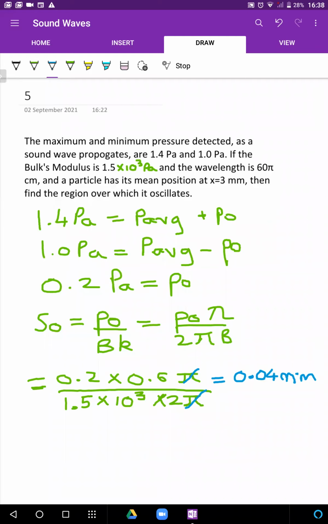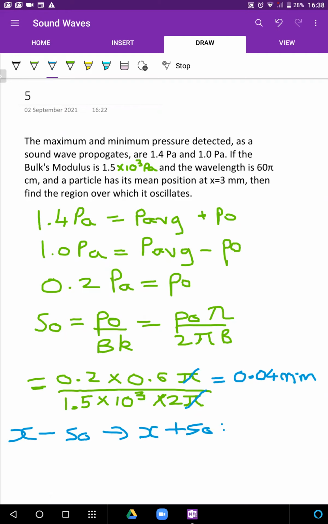Okay. And now the range in which the particle oscillates will be from the basic x coordinate minus s naught to x coordinate plus s naught, right? Between these two extremes the particle will oscillate.